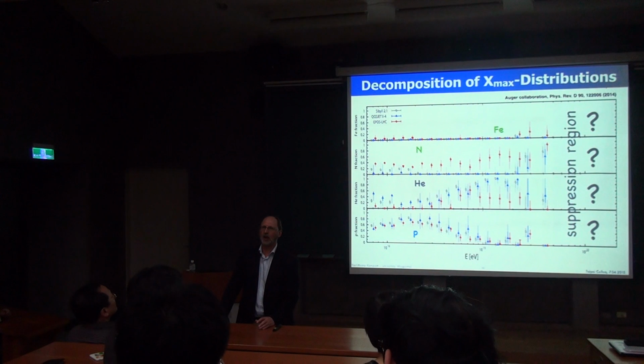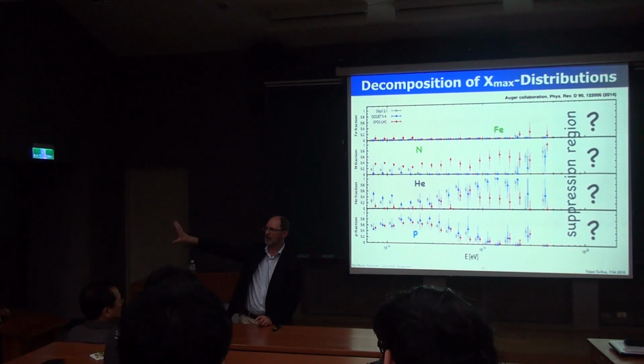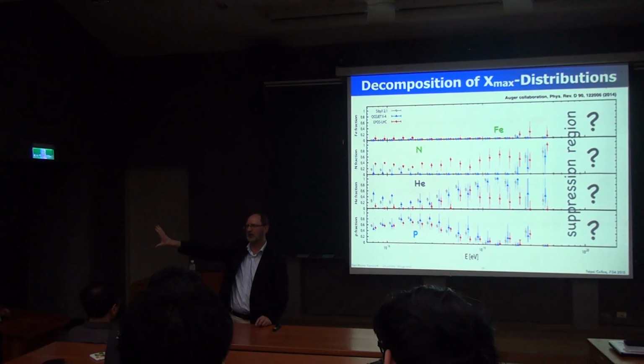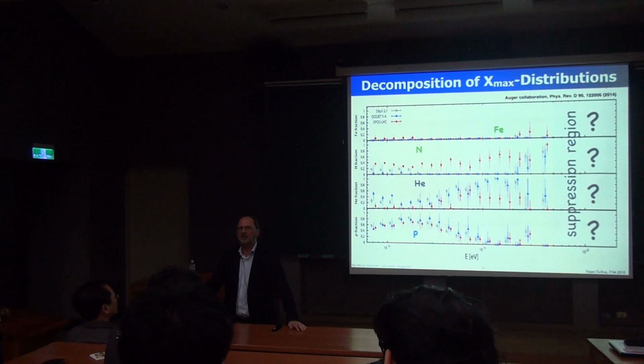Already now, with the advent of the LHC data, the models that we use in air shower simulations were improved. Actually, I should say that when the first data arrived from the LHC, particularly in the forward rapidity range, the predictions made by the models used in cosmic ray physics were better than the tunes of the high energy physics models.